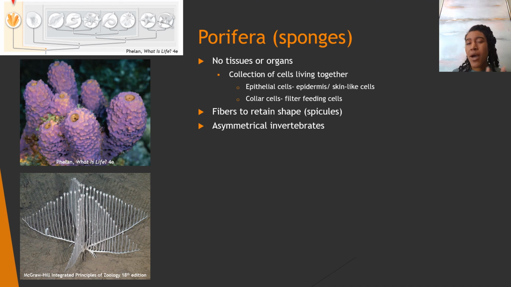We didn't really talk about asymmetry in the last couple of slides, but basically asymmetrical organisms don't have any symmetry, so you can't divide them in half in any way and get mirrored parts. Some of them have some sort of symmetry, but a vast majority of them are asymmetrical. And they're invertebrates, right? They have no backbone. They don't even have tissues.